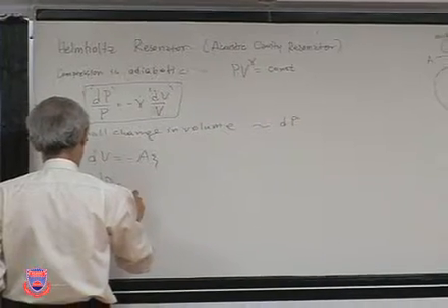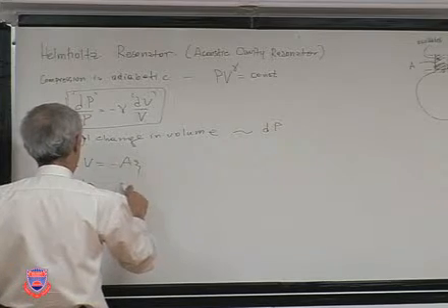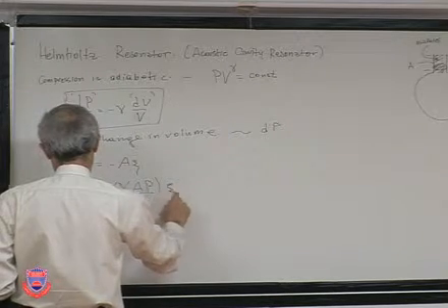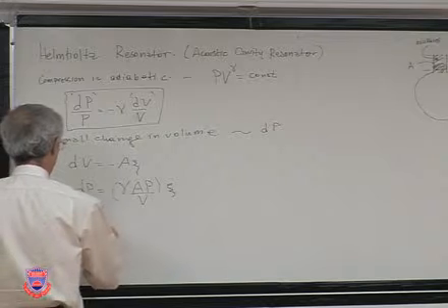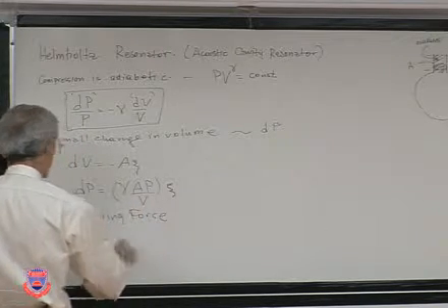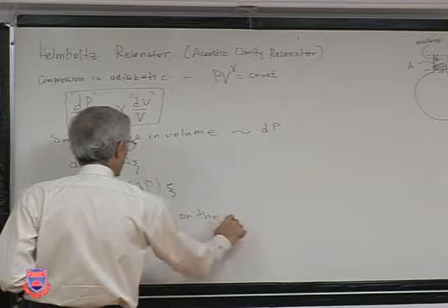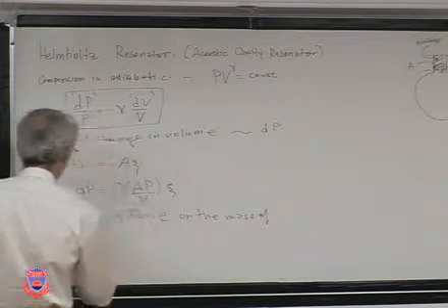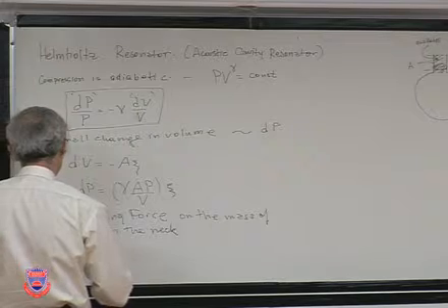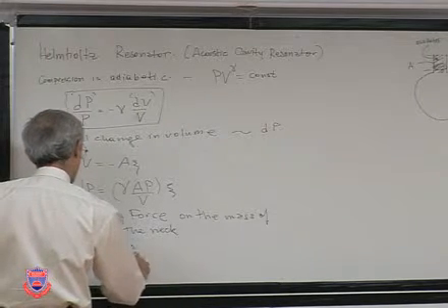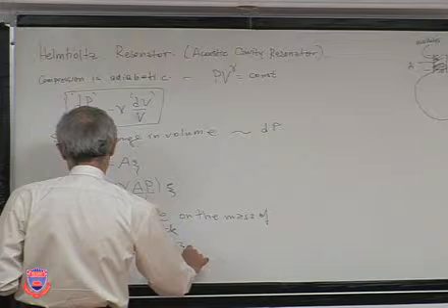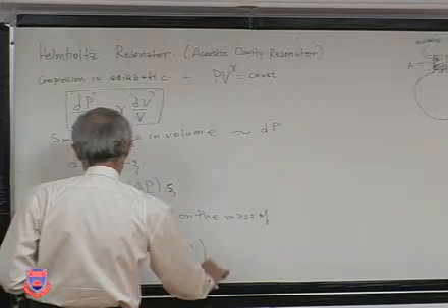Then the pressure is, and the restoring force on the mass of air in the neck: area times the pressure fluctuation, which gives us gamma A squared P divided by the volume.